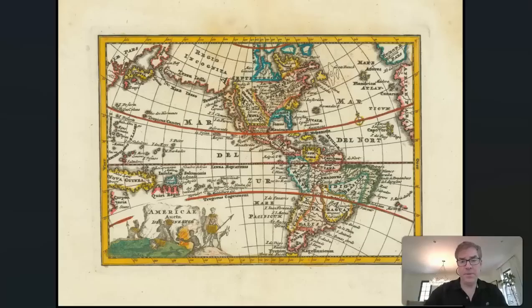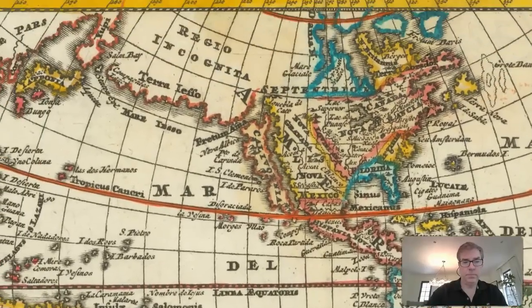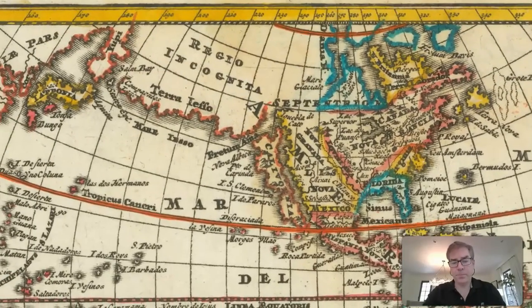But then in other maps during that same time, you see a land of Jesus again, but it begins to be called an unrecognized or unknown region, Regio Incognita.